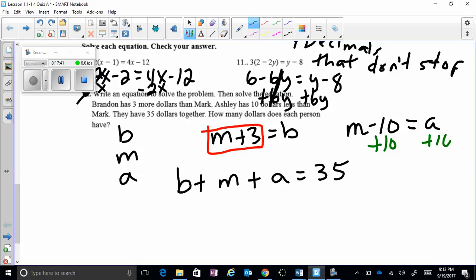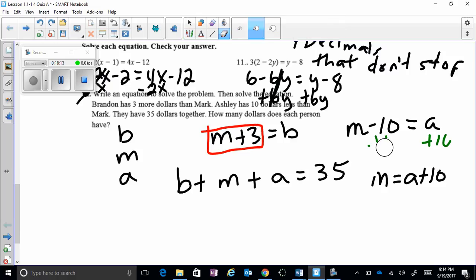You could have also just kept a as that, but either way, you're just going to have to make substitutions to the point where you only have 1 single variable. Okay, so in fact, now that I think about that, let's just leave that as it is.